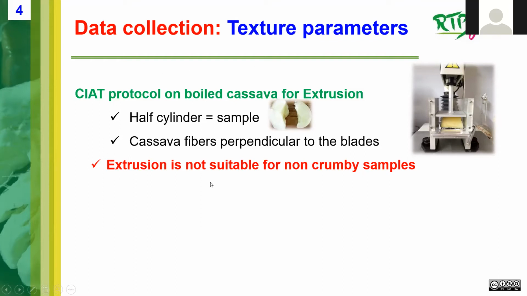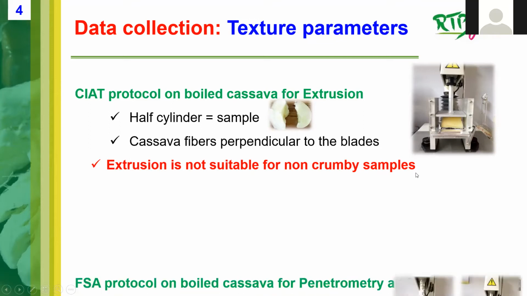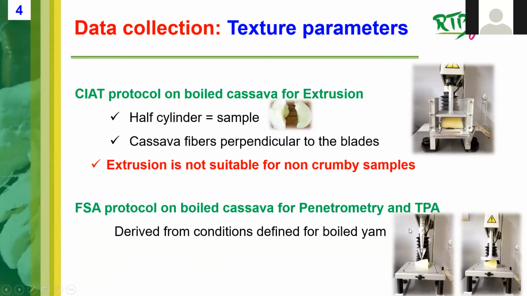One of the main conclusions of the protocol developed by CIAT is that extrusion was not suitable for non-crumbly samples. Concerning the penetrometry and the TPA test, we used the protocols developed at UAC-FSA, which were developed for boiled yam. So we just applied the conditions already defined for boiled yam to the boiled cassava.